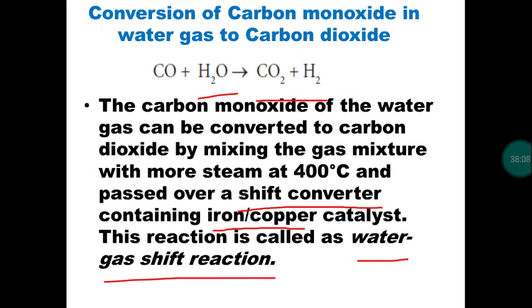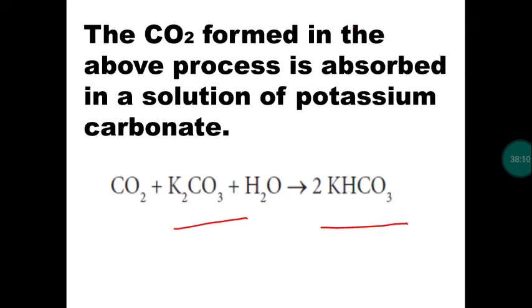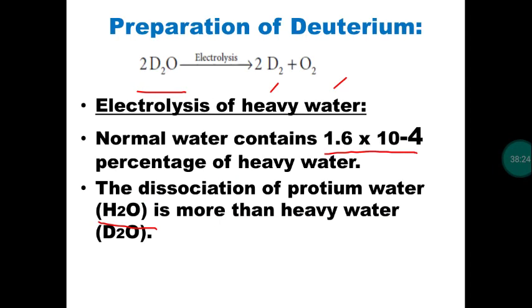So this is called the water gas shift reaction, and the produced carbon dioxide with the hydrogen is passed over aqueous solution of potassium carbonate. All the carbon dioxide is absorbed by potassium carbonate, and it becomes potassium bicarbonate. Hydrogen can be liberated.